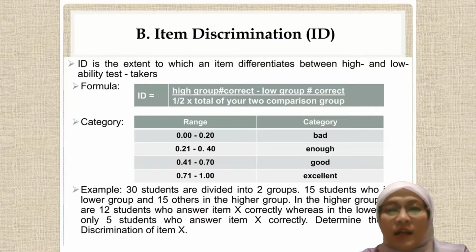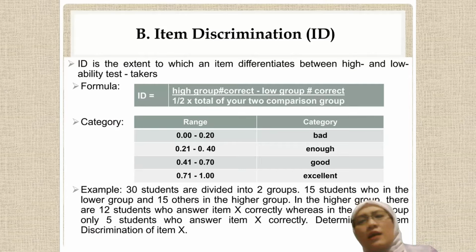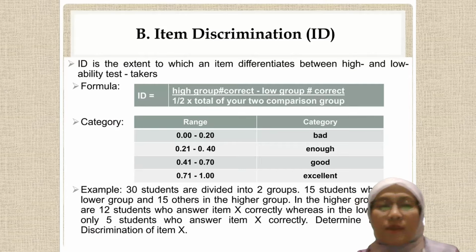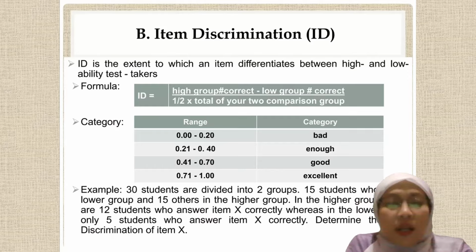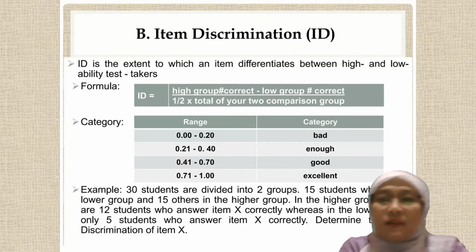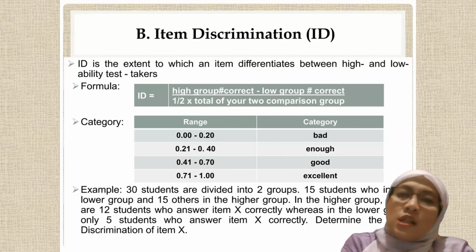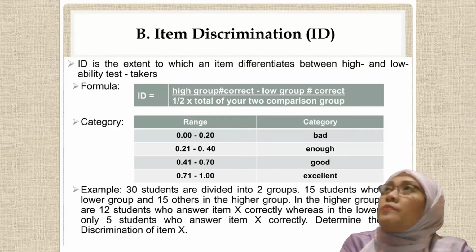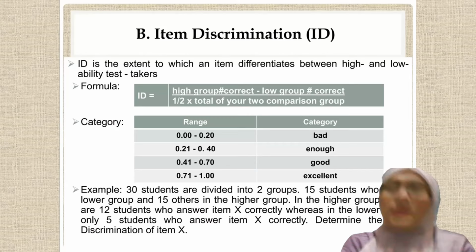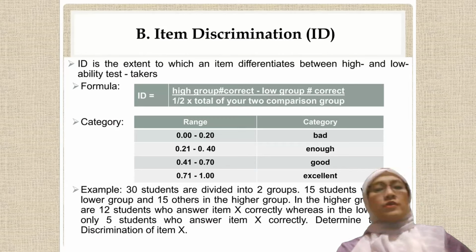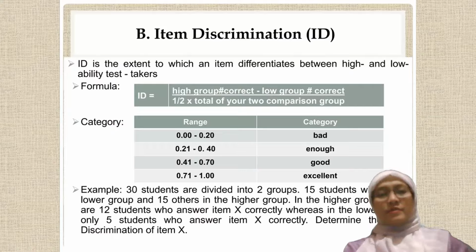And then you will determine the item discrimination of item X. So 12 minus 5 per half of 15. 7 divided by 7.5. Yeah, so I think it will be excellent.